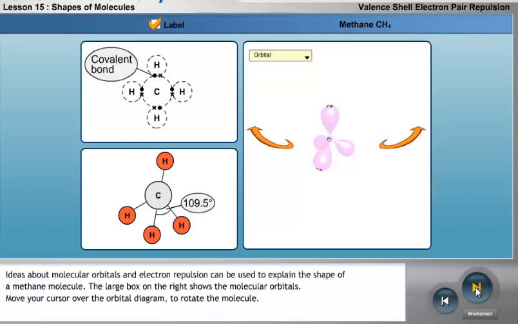Ideas about molecular orbitals and electron repulsion can be used to explain the shape of a methane molecule. The large box on the right shows the molecular orbitals. Move your cursor over the orbital diagram to rotate the molecule.